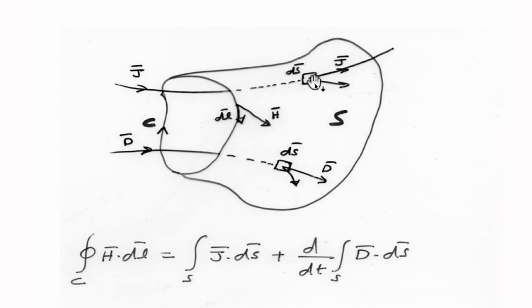So you add up all those small currents, and that is given by this. So these are the total free currents coming out of this surface S. Plus, now all the electric flux density coming out, the vertical component of that multiplied by the small area. Actually, this is the displacement current term in Maxwell's equation. So the rate of change of D dot dS is the displacement current, ID.